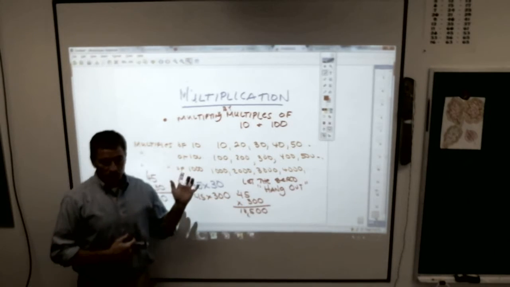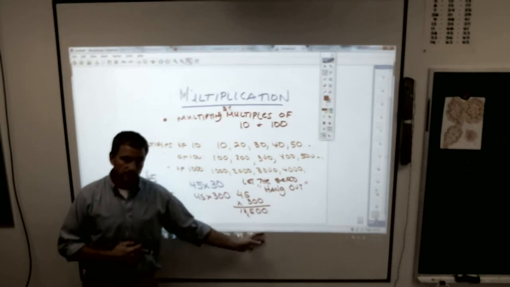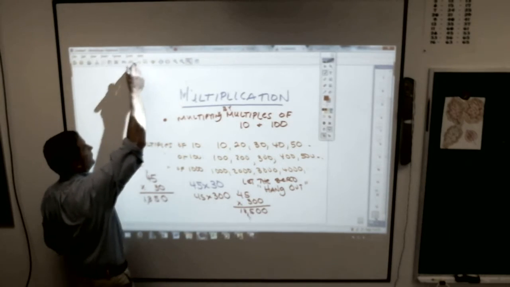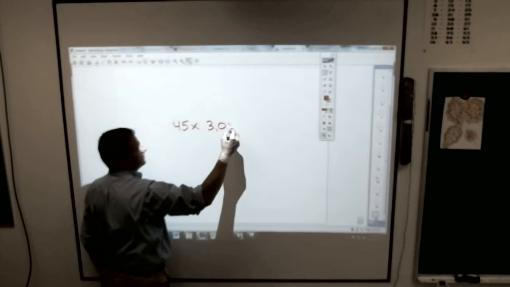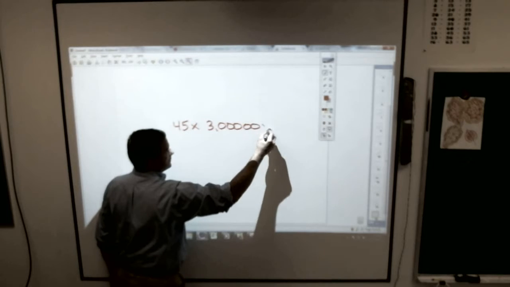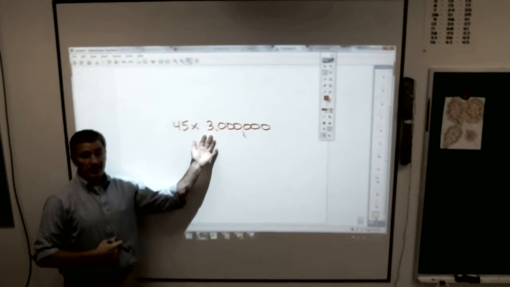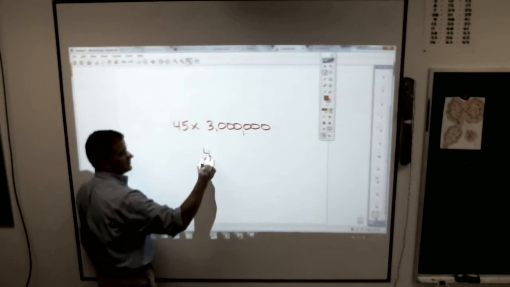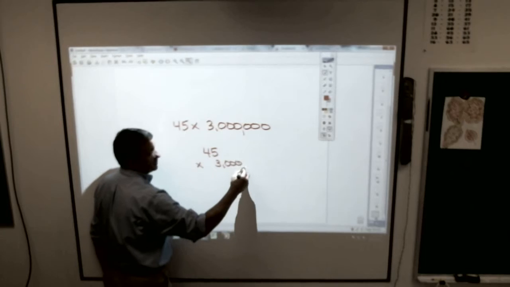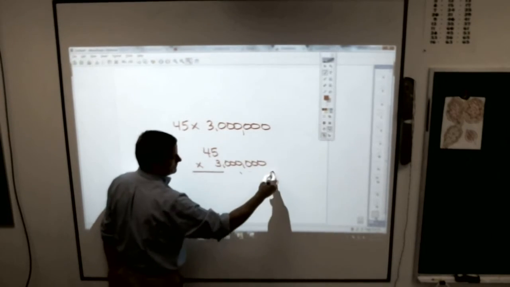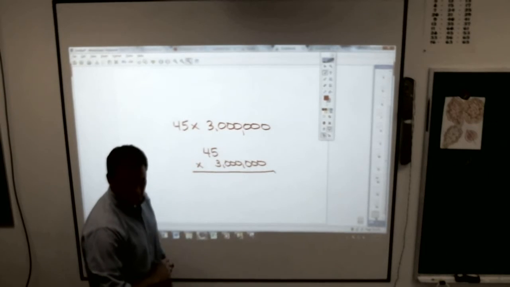But remember, that works anytime you just have one digit followed by a bunch of zeros. So this would be true if you had 45 times 3 million. You would do the same exact thing. As long as there's only one digit that's not a zero, you could write it the same exact way, 45 times 3 million. All those zeros that hang over, hang out.